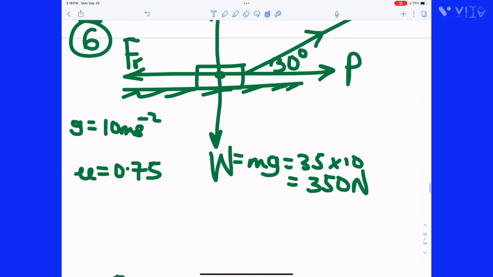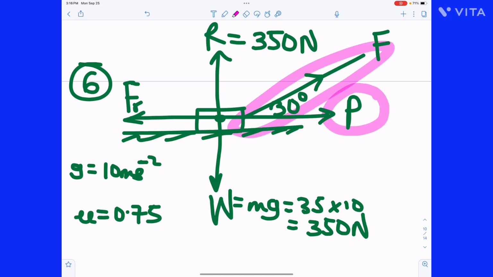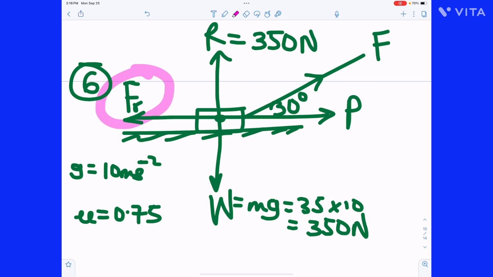Now the question says we should find the force F applied there, which will be enough to make the object move horizontally. If it must move horizontally, this horizontal component of F must be equal to the frictional force.